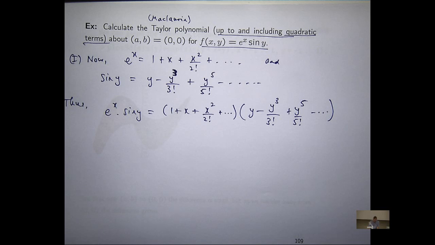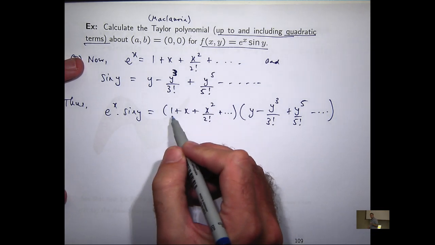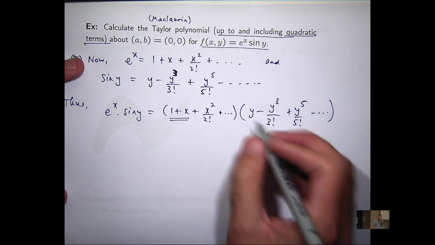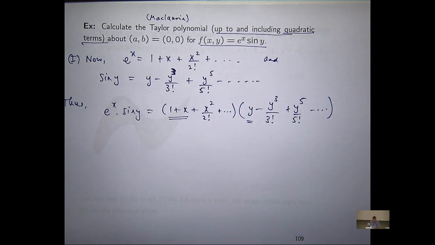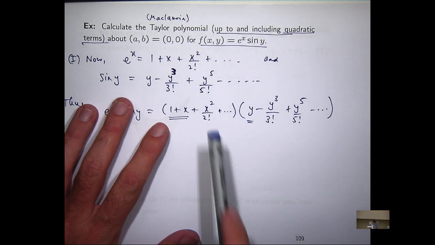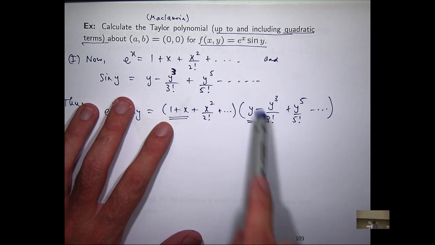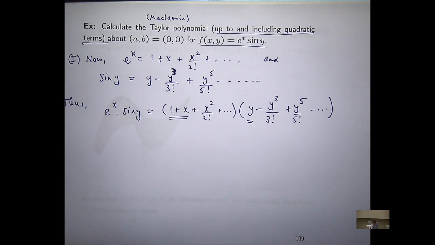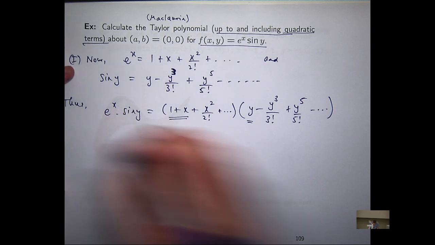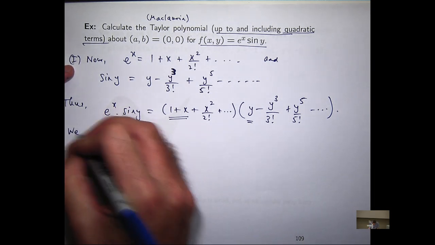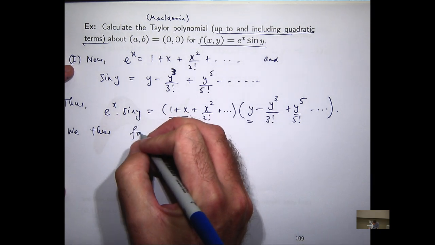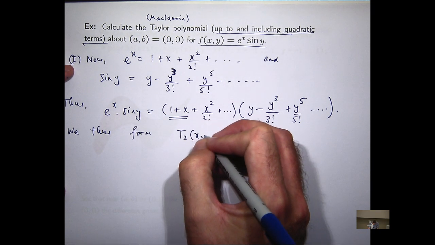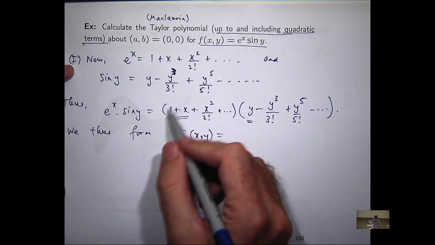So if I multiply, say, this with this, then I get everything I want. And if I multiply this with anything else, any other multiplication is going to give me the higher order terms. So it's just going to be this times this.